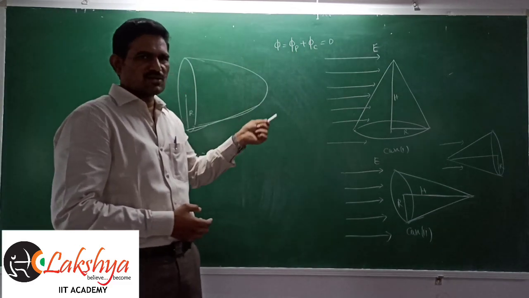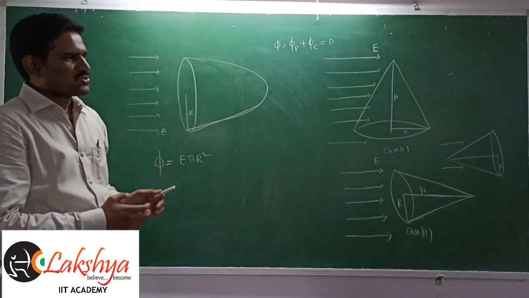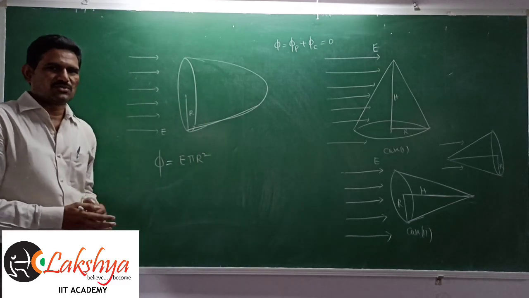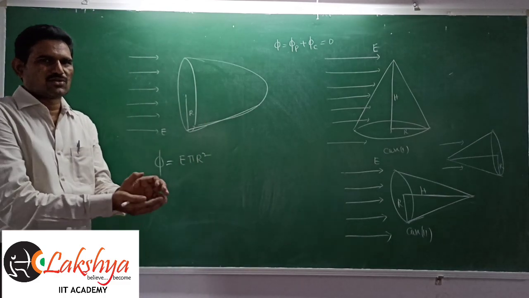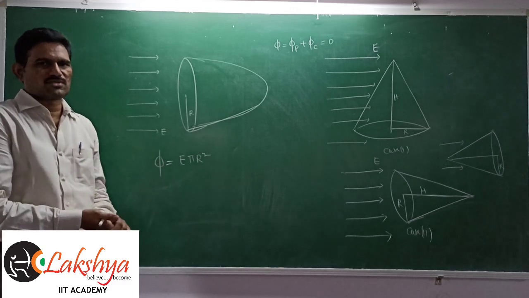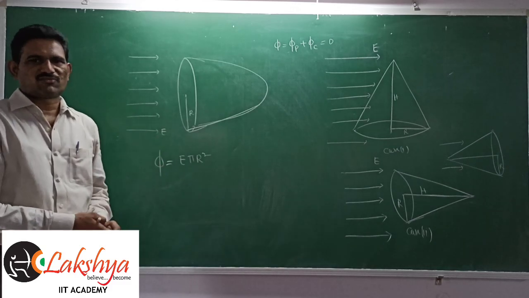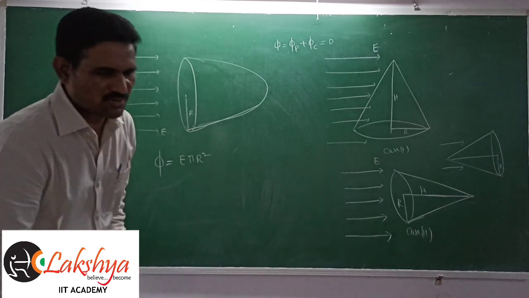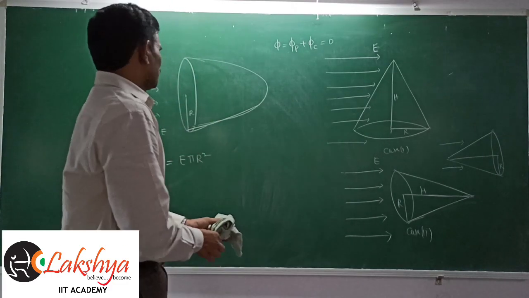So we need to answer according to the given question, whether they are asking through the curved surface, the plane surface, or just the given surface. This is the projection method.